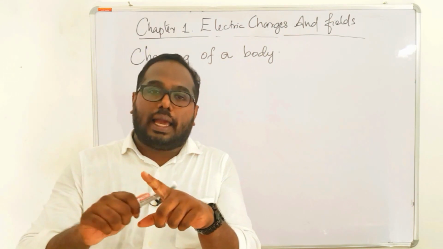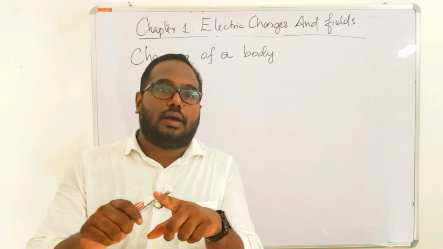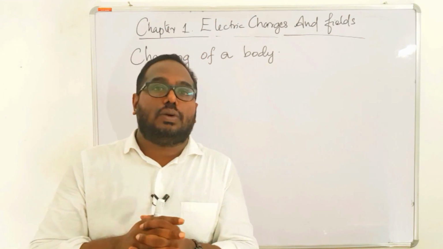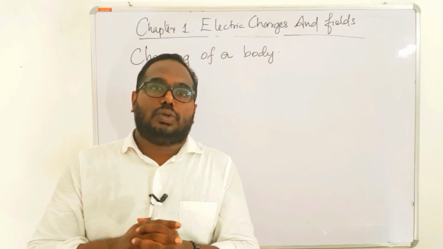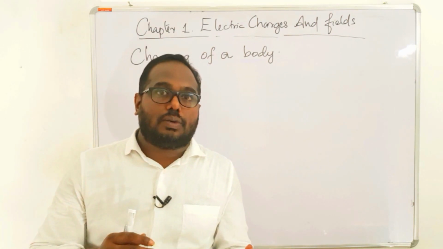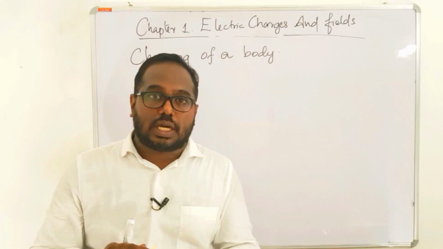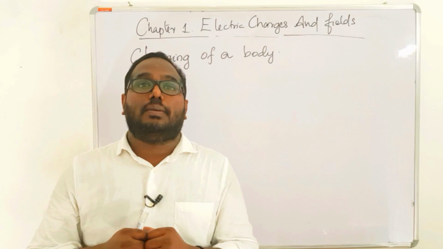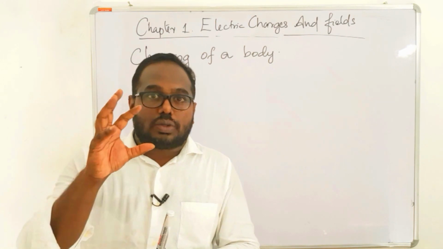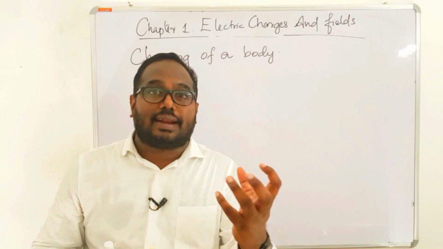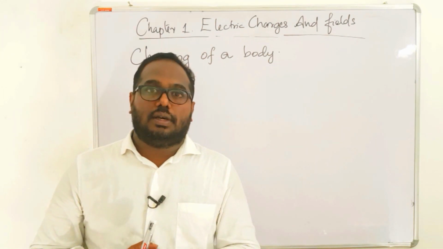If you rub a scale on a woolen cloth, there is a transfer of electrons between the materials. The one that loses electrons gets positively charged; the one that gains electrons gets negatively charged. This unbalanced accumulation of charge can attract objects.